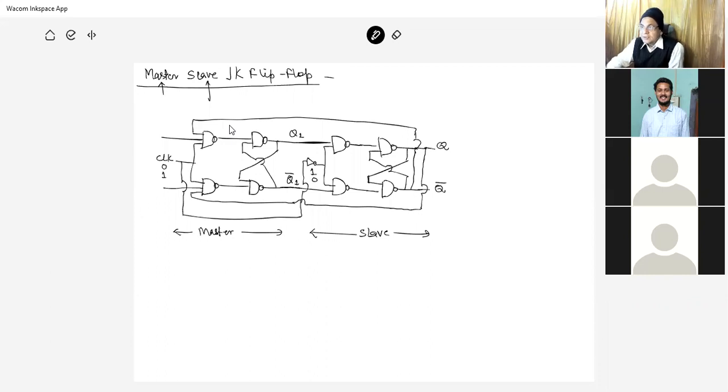So how do we briefly describe this circuit?